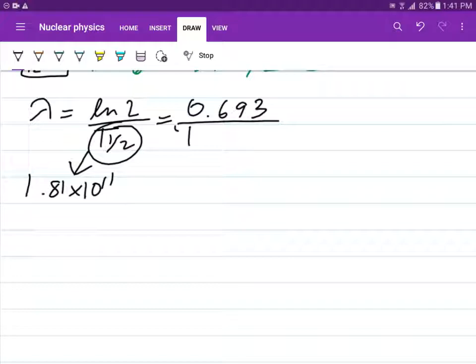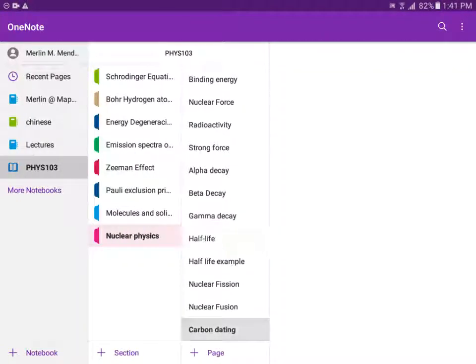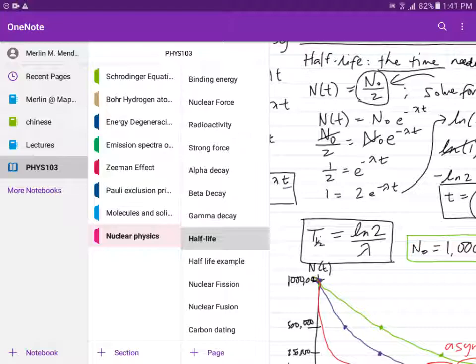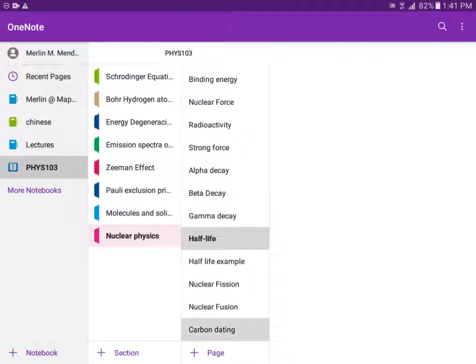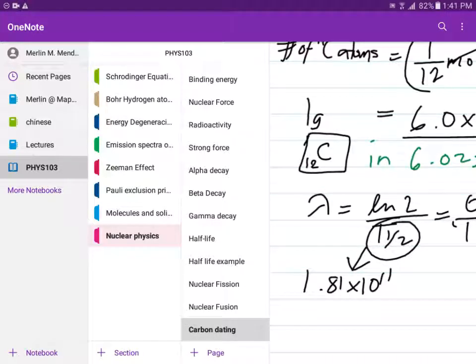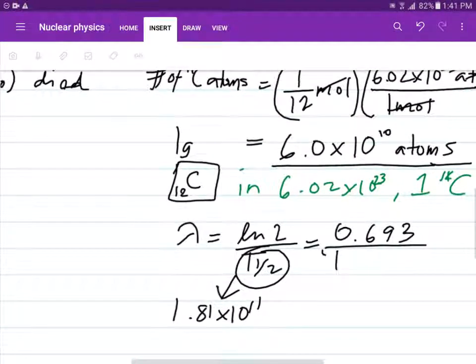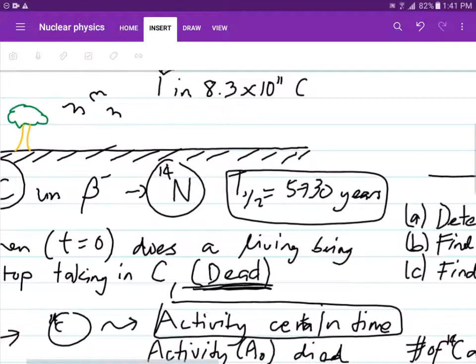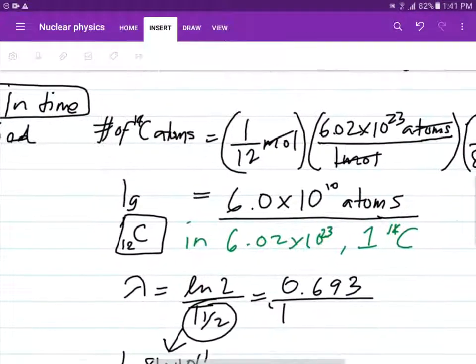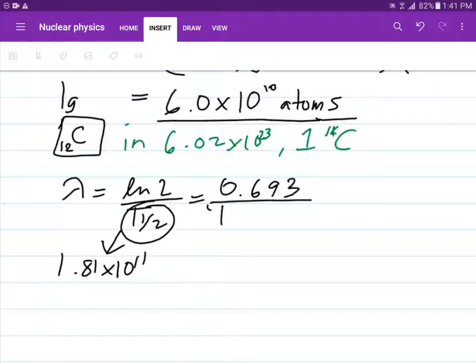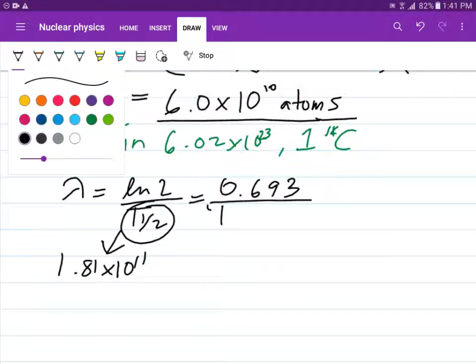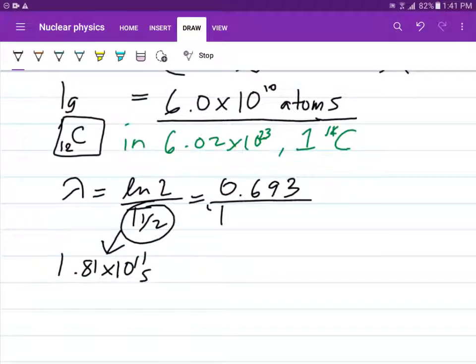So let's go back a bit. The half-life is 5,730 years. So this is 1.81 times 10 to the 11 seconds.